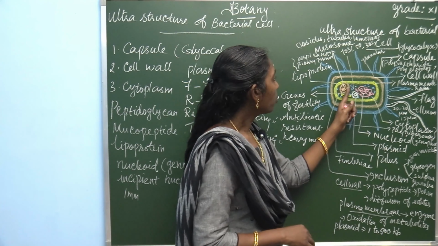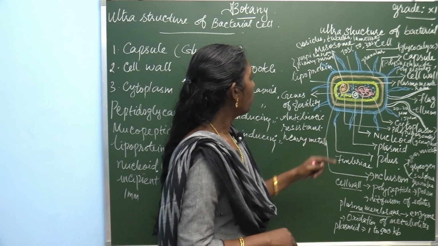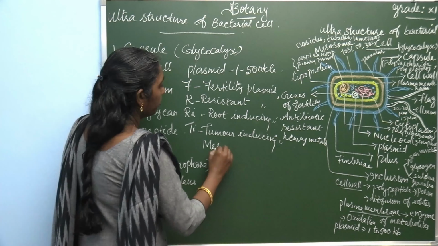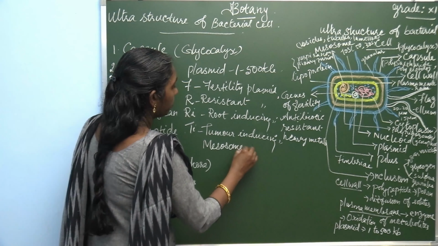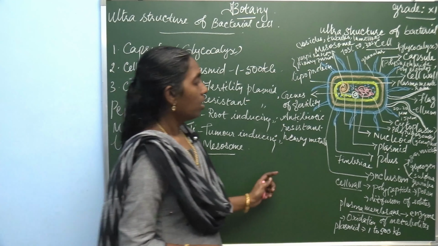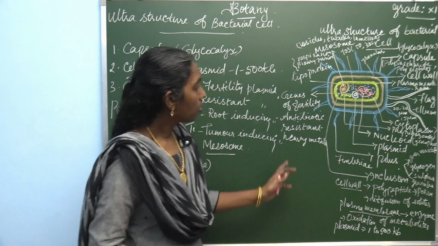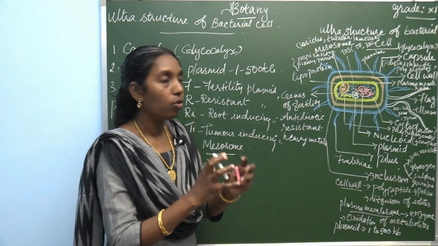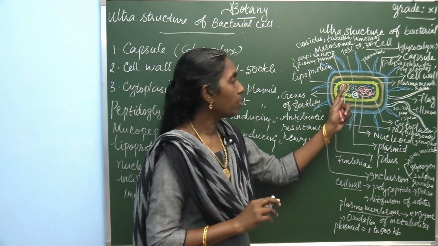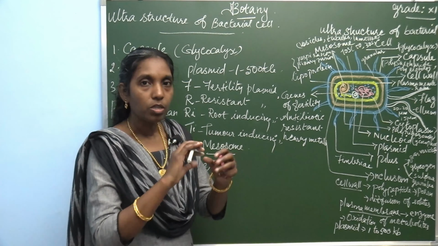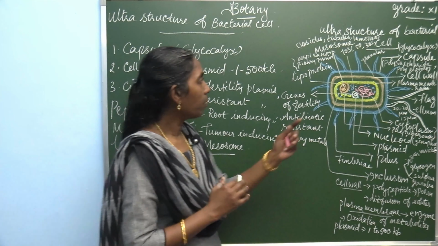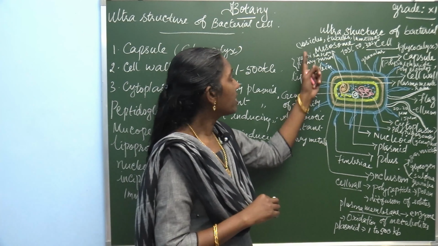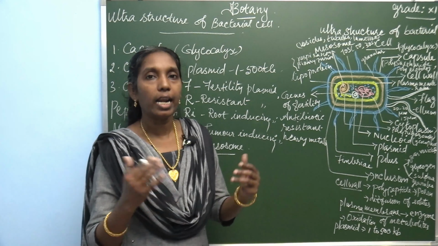Then there is a structure called mesosome. What is mesosome? The mesosome is made of inclusions or infoldings of the plasma membrane, which form as vesicles, tubules or lamellae.